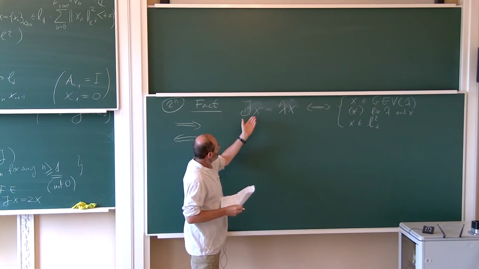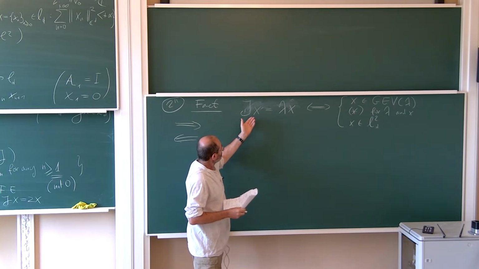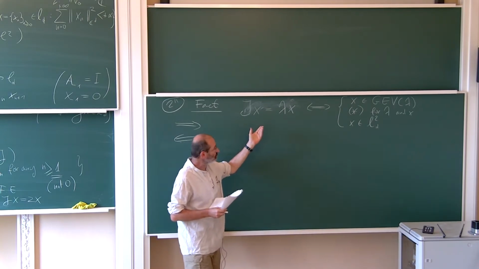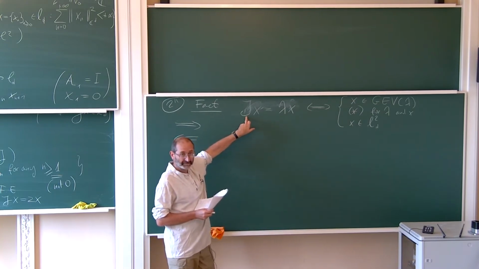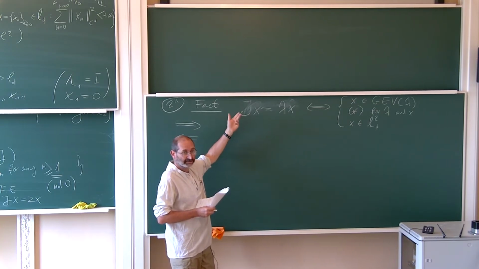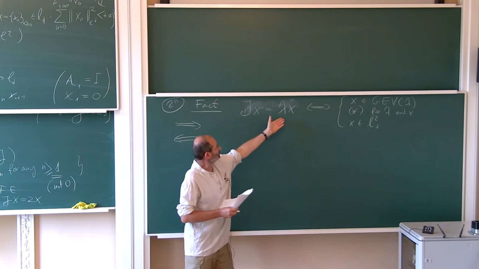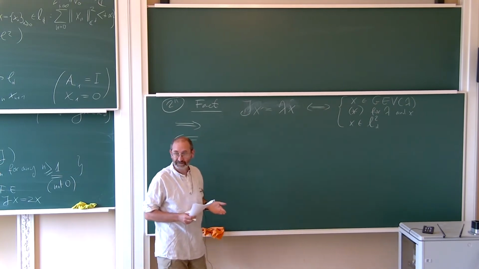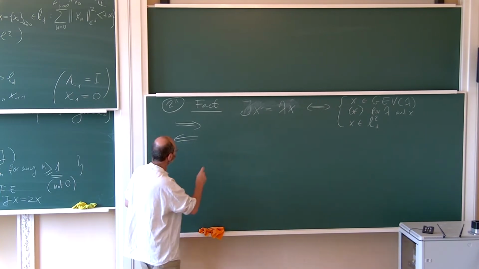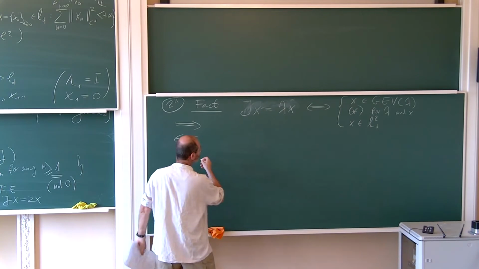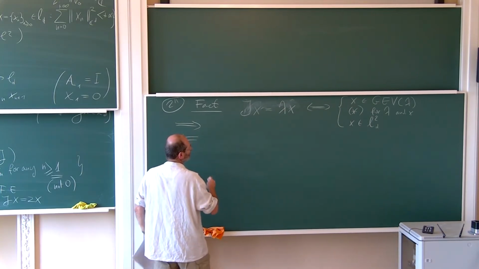Of course, it should be not only an element of L2, but we should be sure that x belongs to the domain. And when it belongs to the domain, we have the right to write the eigenequation. So, assume that this is satisfied, and first, what can we do?